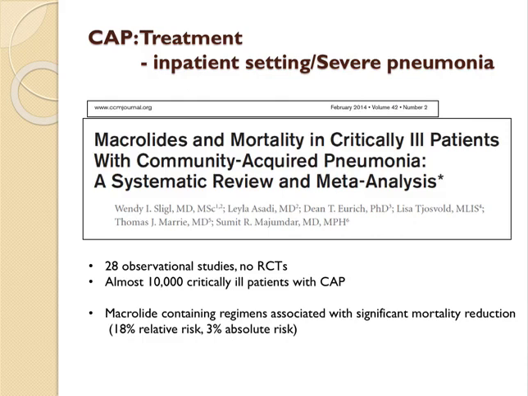So this was a systematic review and meta-analysis, which was published back in 2014, that included 28 observational studies. It was actually a pretty large study that included almost 10,000 critically ill patients with community-acquired pneumonia. What was seen in this study is that macrolide-containing regimens were associated with significant mortality reduction compared to other regimens.